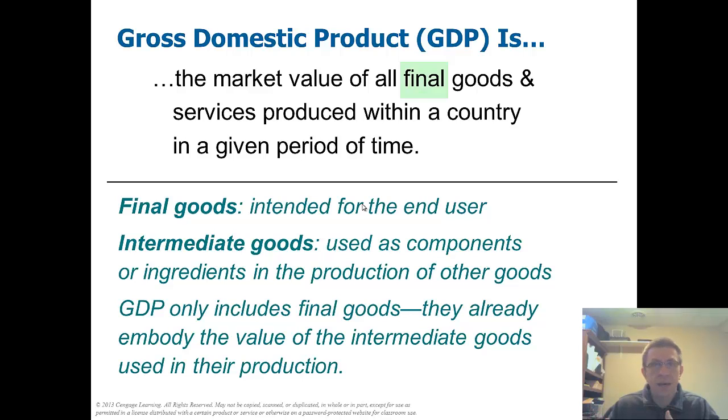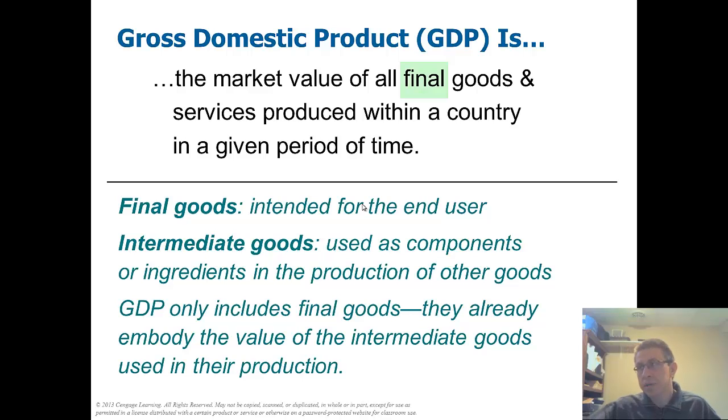Let's say you buy a new car. If you spend $20,000 on a new car, we don't count separately the tires that the car company bought from the tire company. You spent $20,000 on a car that contains the tires.